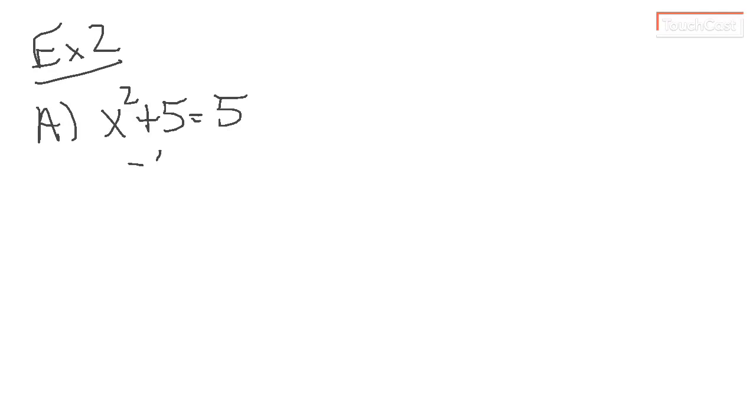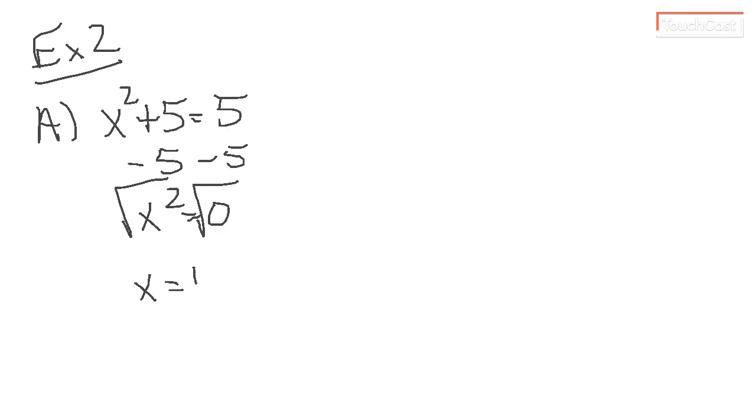So I'm going to subtract 5 on both sides and get x squared is equal to 0. If I take the square root of both sides, we're going to get x equals plus or minus 0. However, 0 is not positive and it's not negative, so we just say x is equal to 0. And if we were to plug that back into our equation, we would see that it does work out.